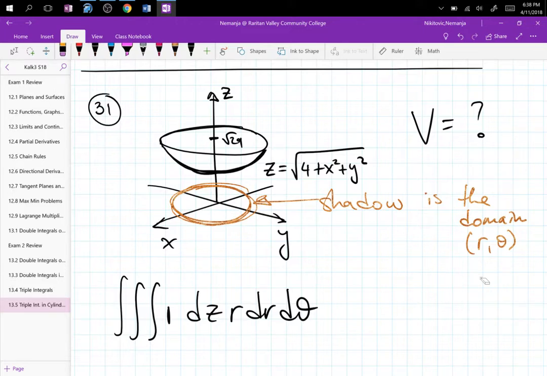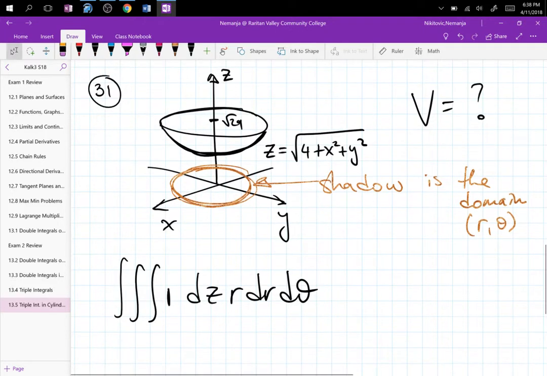I am highly allergic. Now what do we have? Always remember that the inner limits are for the top and the bottom bounds on the shape. The top bound, clearly square root of 29. Bottom bound is square root of 4 plus r squared. Very good.